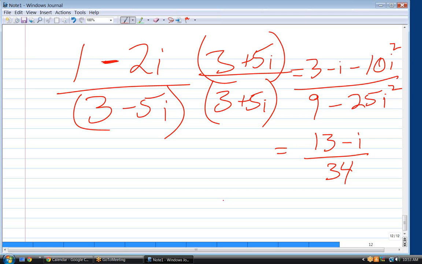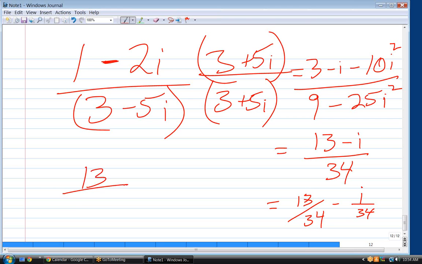No. Okay, let's put it in a plus bi format. So it would be 13 over 34 minus i over 34. Still not in a plus bi format.